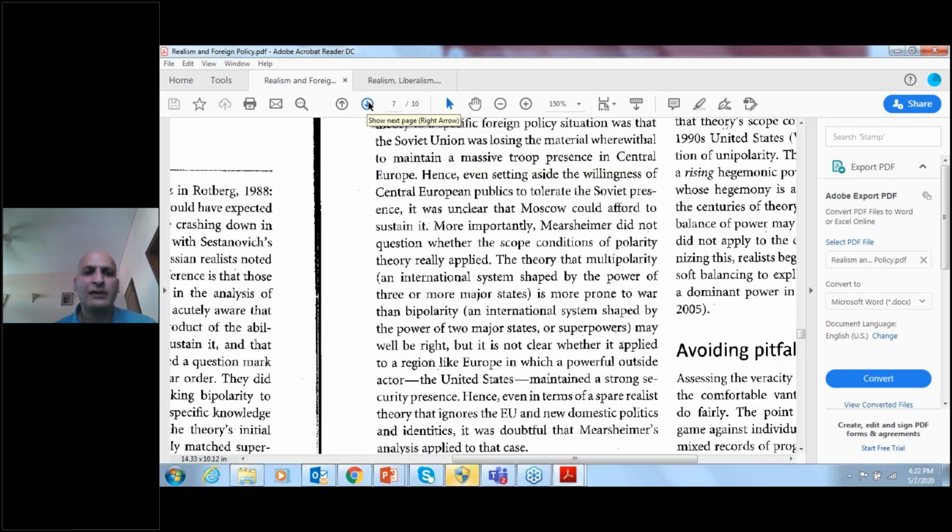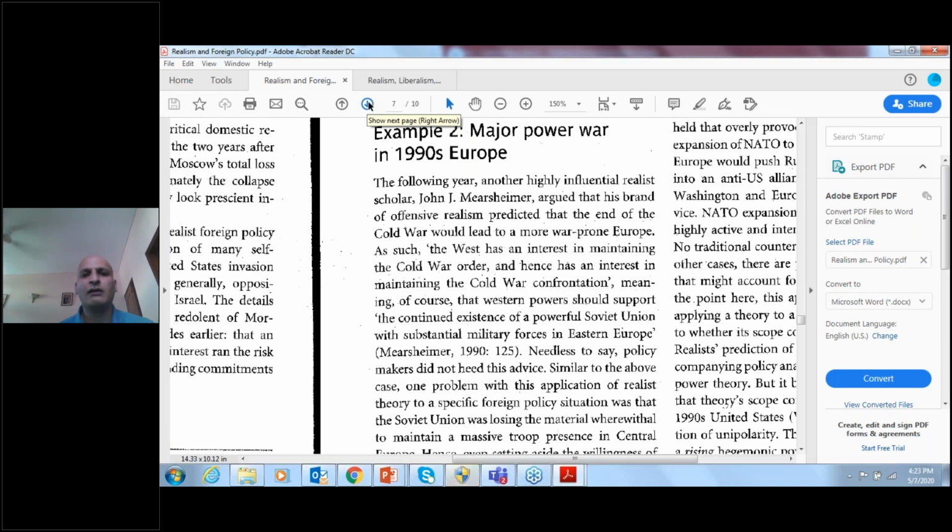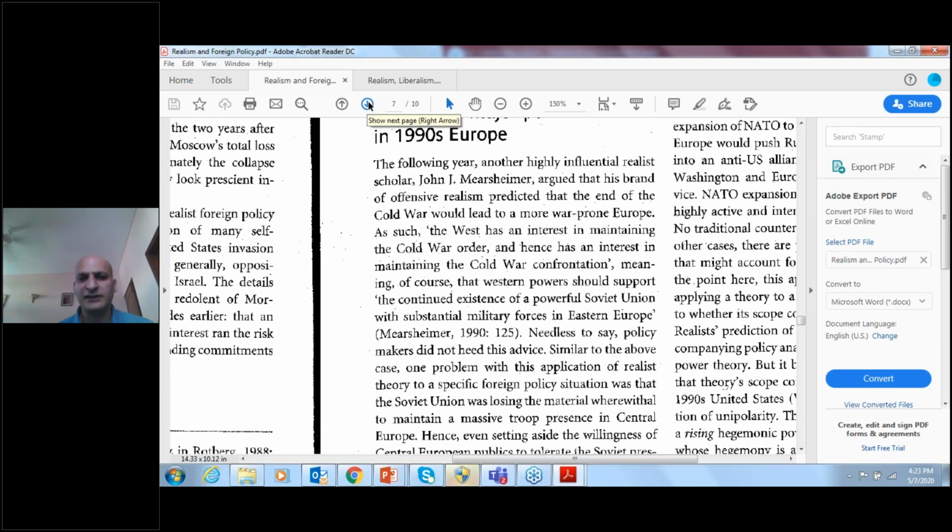Another example that this book provides is that in the 1990s, another academic called John Mearsheimer argued that the end of the Cold War would lead to more war in Europe, because he has a theory called offensive realism.